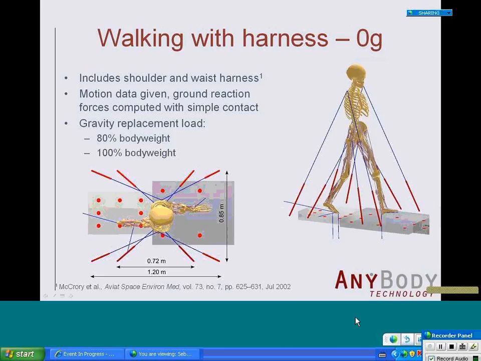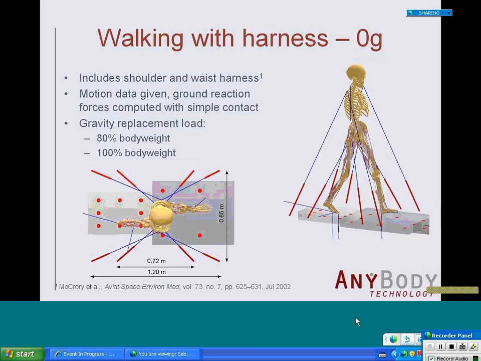the actual model, which included a shoulder and a waist harness. So the body was reinforced by these springs. The motion data was again given. The same data was used as in the Miami data, and the ground reactions were now computed with a simple contact formulation.